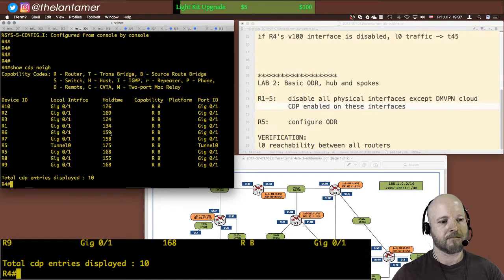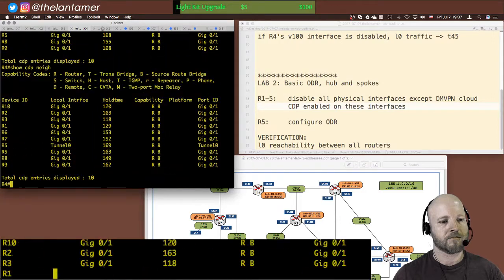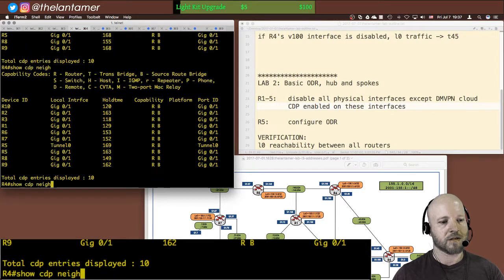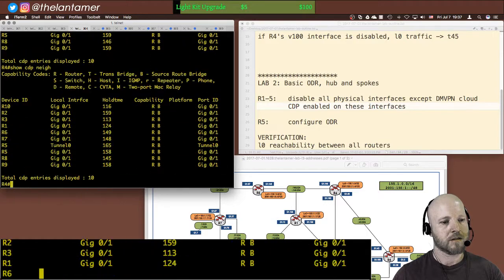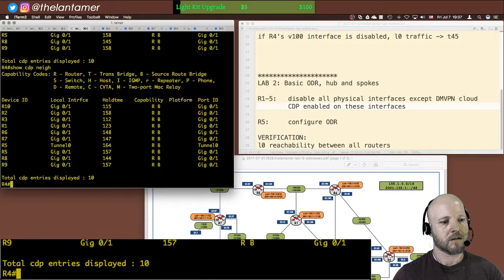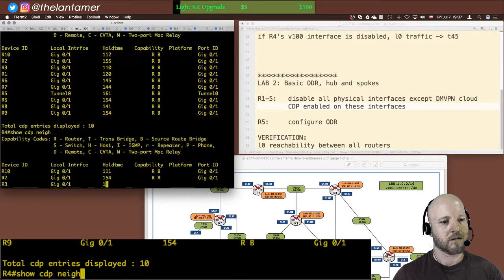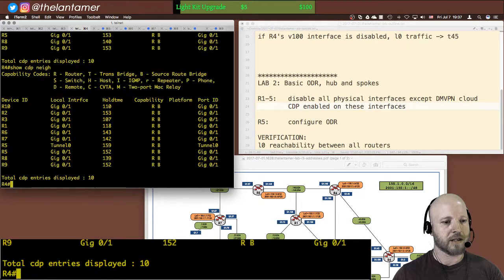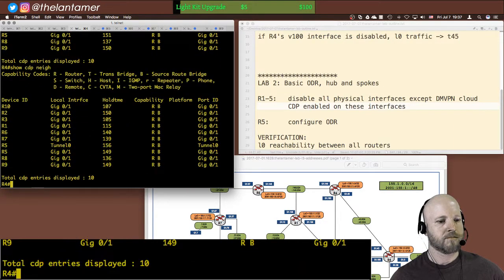Hold time. Should start to, what is it, 180? Yeah, so there's a counting down. It's kind of cool to watch this behavior of CDP and these timers.